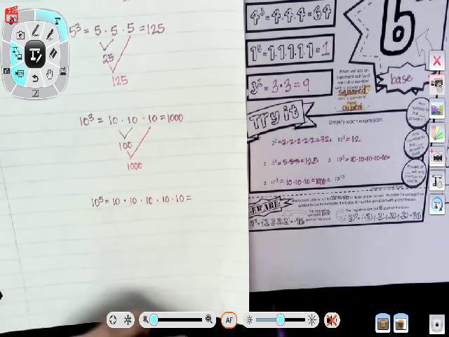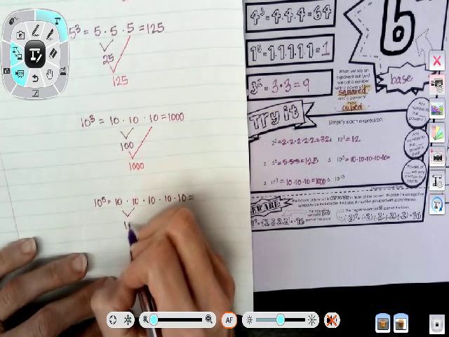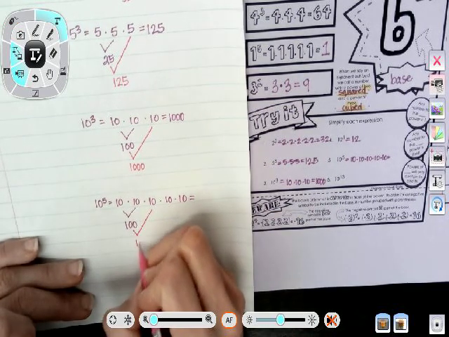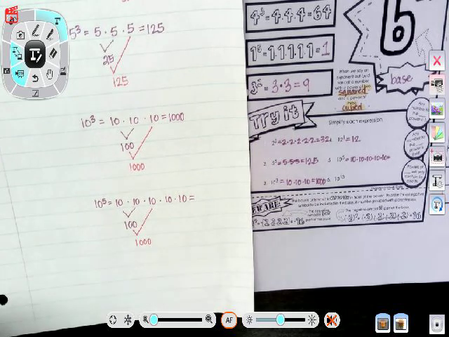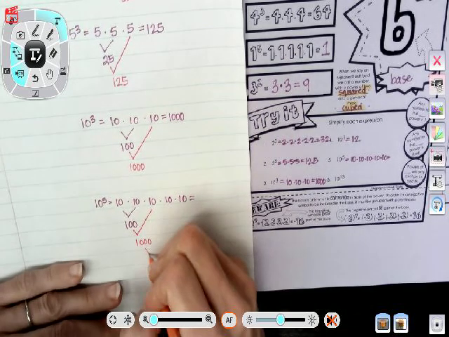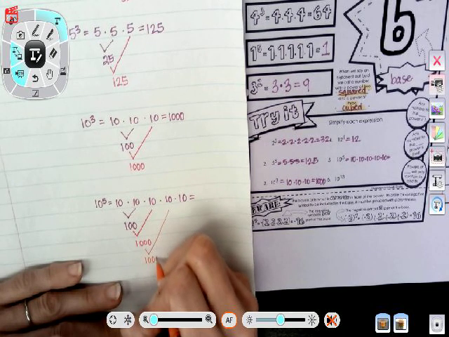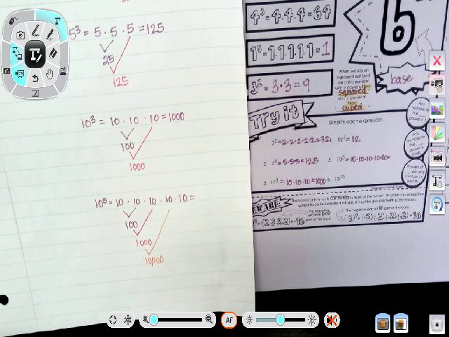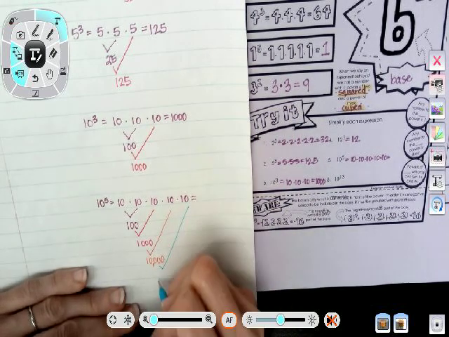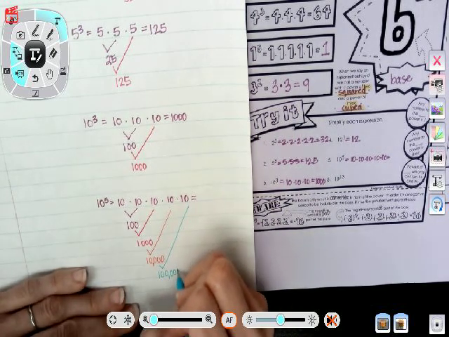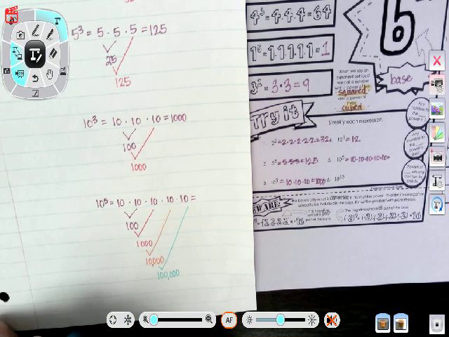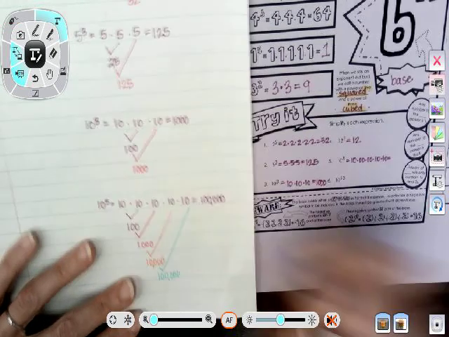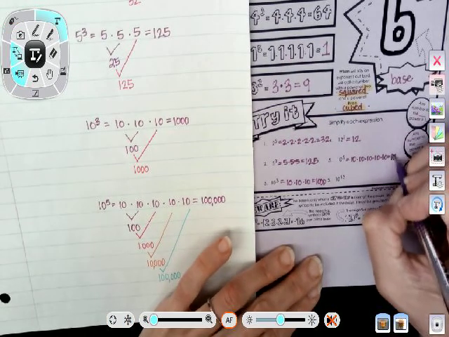Let's multiply them out. 10 times 10 is 100. 100 times the next 10 is 1,000. 1,000 times the next 10 is 10,000. And 10,000 times the last 10 is 100,000. So 10 to the power of 5 is 100,000, not 50.